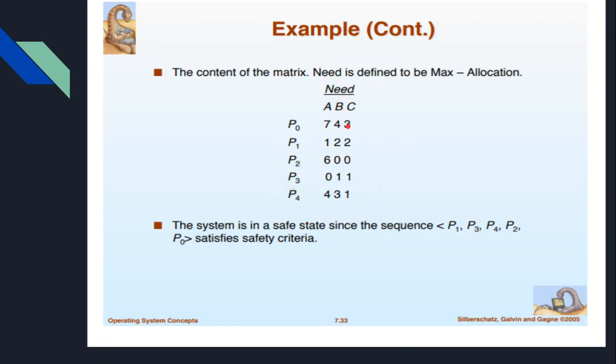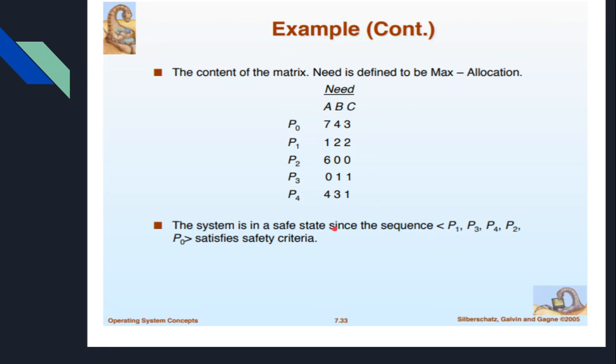Why do we calculate the Need matrix? Based on the Need matrix, we check whether what is needed by the coming processes is available or not. If it is available, we can allocate. If not, the process has to wait for some time until other processes release the resources. By this we can find a safe state.